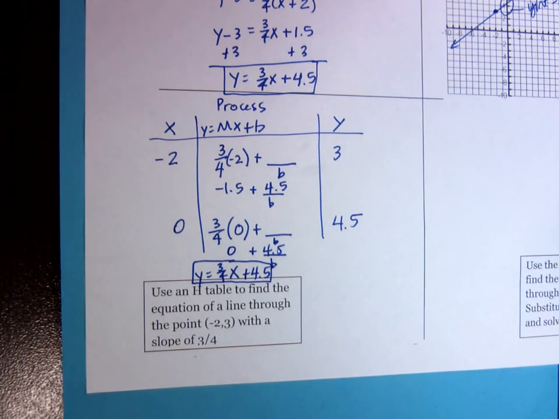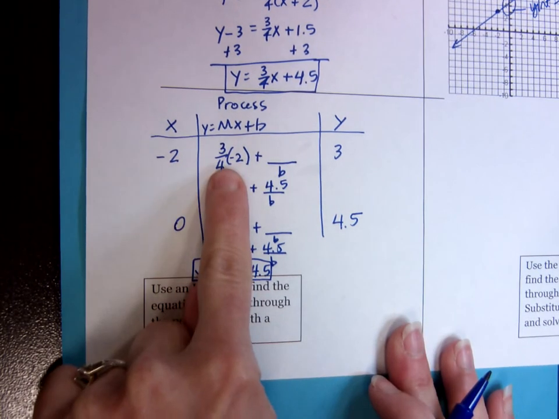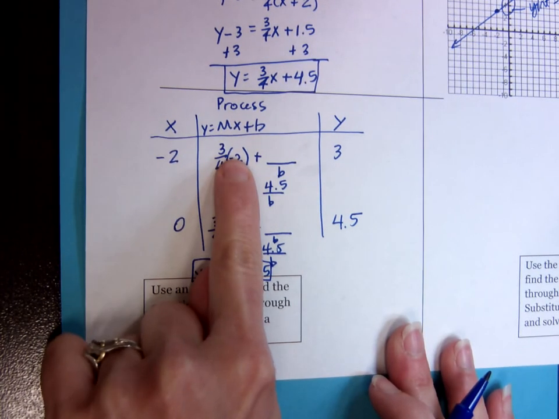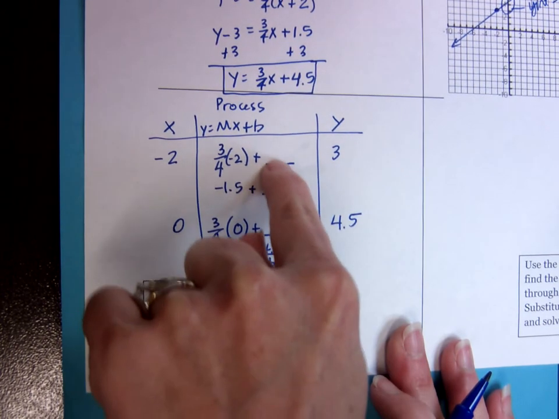Yes. So the h table takes the slope and multiplies it by x and says, what can I add to this answer to give us the y value? That's what this process is. Take the slope, multiply it by x, add something to it to give us the 3, and that something is our y-intercept. Okay?